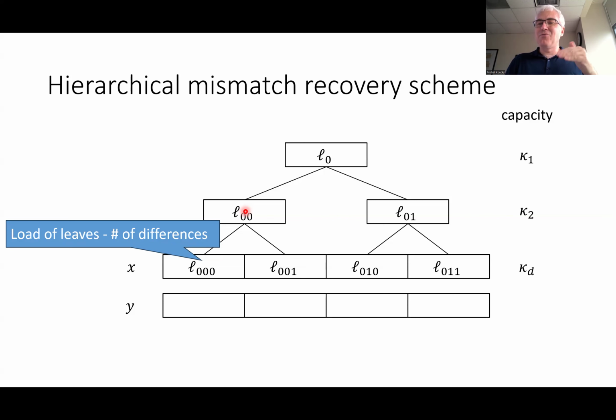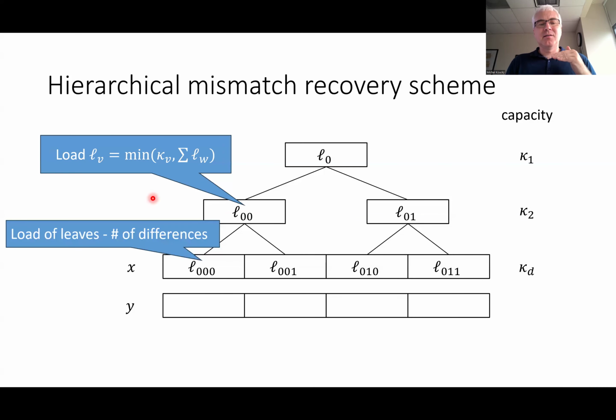But if you would just let it propagate like this, it would be overwhelmed by errors from parts which generate too many errors. So we are going to cap it at some threshold. Each level is associated with a threshold, which we call capacity, and we bound the load at a given node by the threshold for that level.